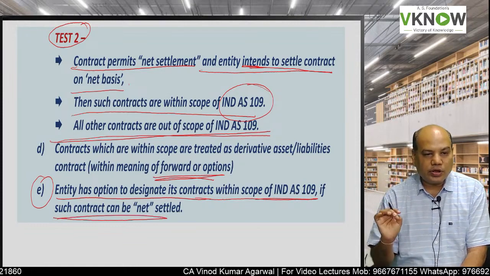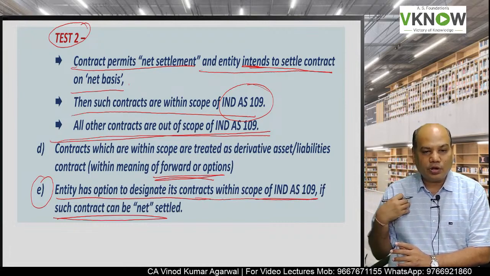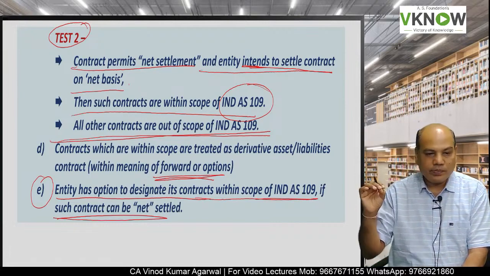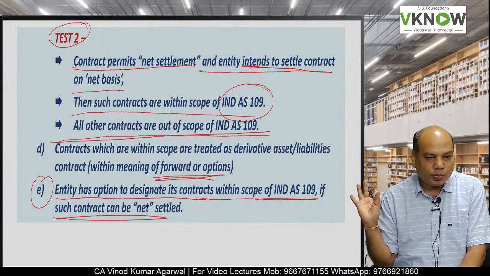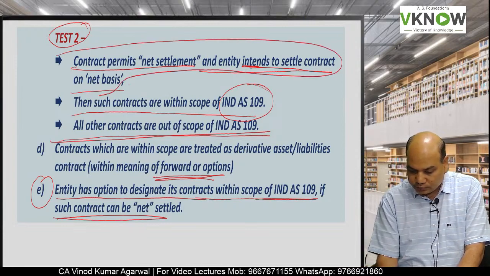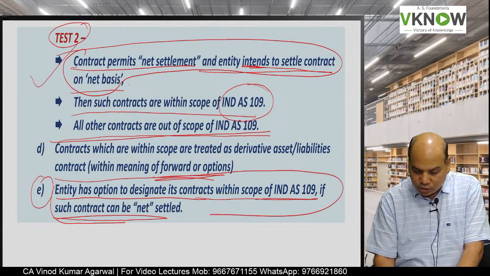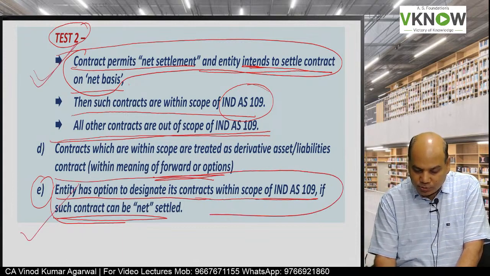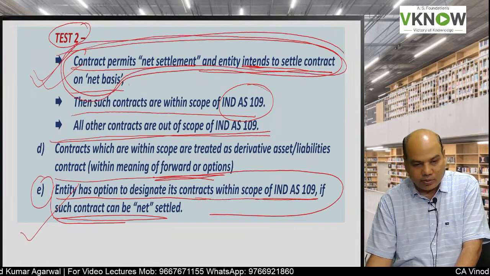When there is a choice to settle on net basis and the entity has an option, the entity is given a choice, it can designate the contract as within the scope of 109. So what is the difference between this point and this point? Both look similar. In this point, the top point, the entity intends to settle on net basis.